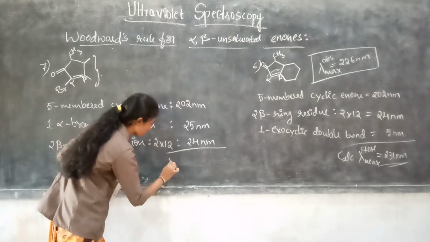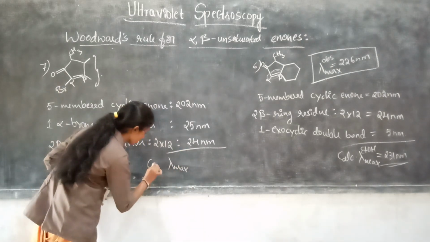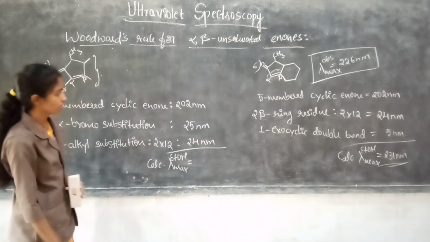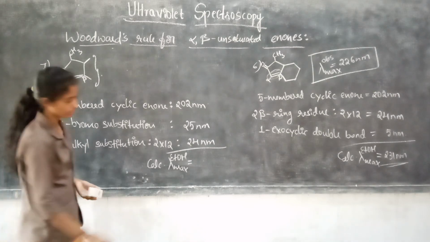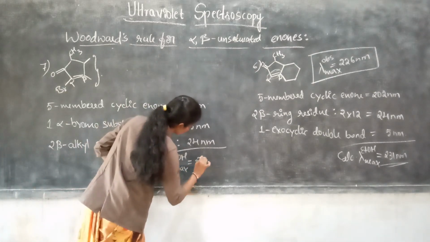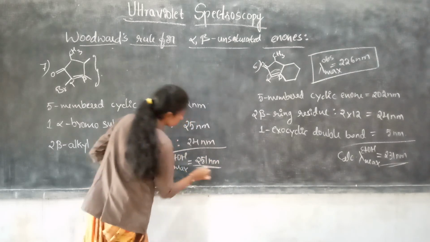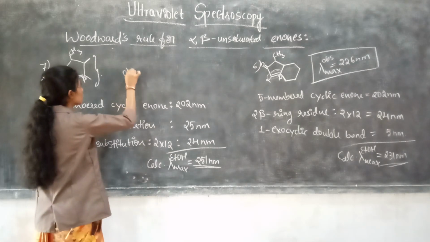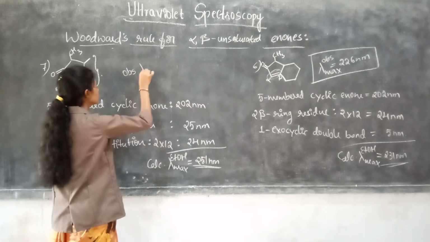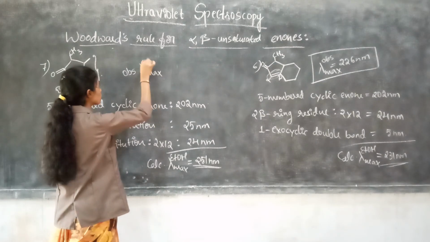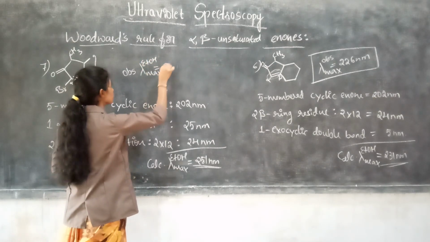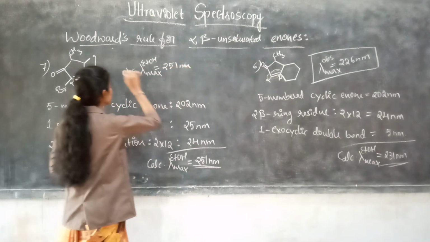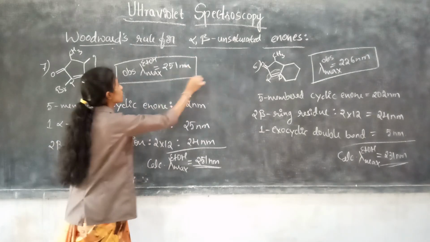Here lambda max calculated in ethanol medium is 251 nanometer, and the observed lambda max is also 251 nanometer.